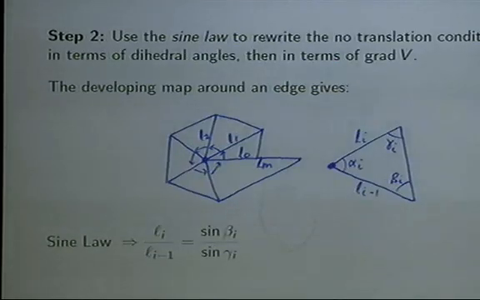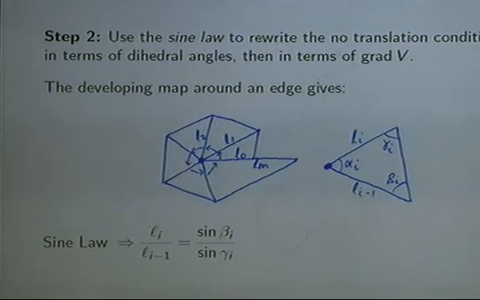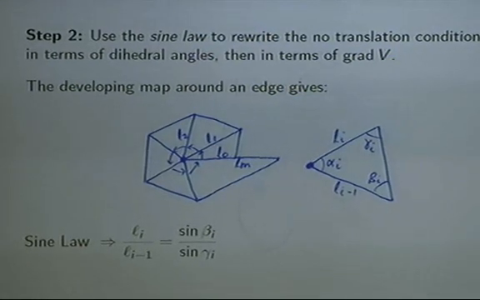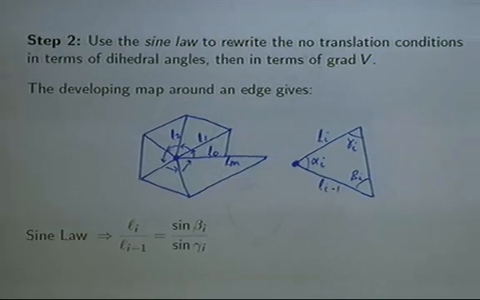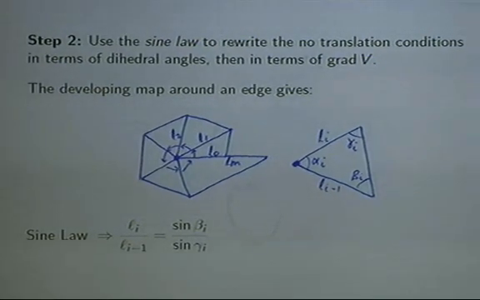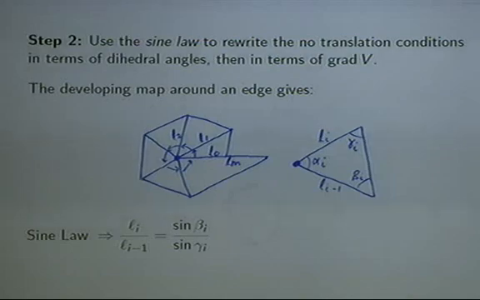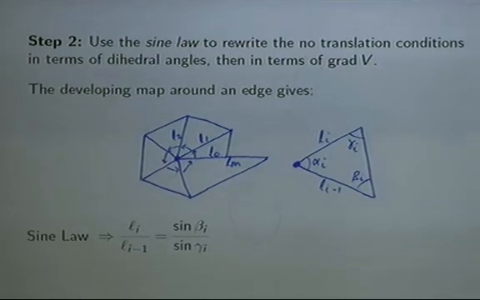Now the next thing, we want to look at the edge conditions. So remember, to get a complete hyperbolic structure, we want the translations along the edges all to be 0. So the question is, how can we rewrite that in terms of angles? There's actually a nice way to do this, just using the sine law from Euclidean geometry.